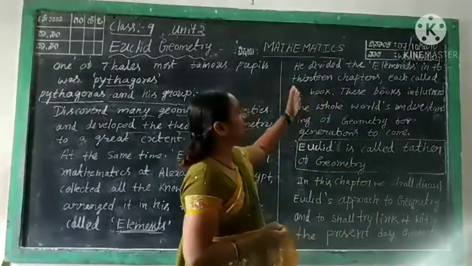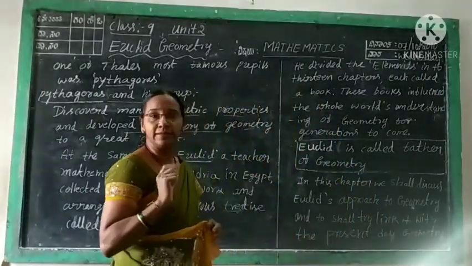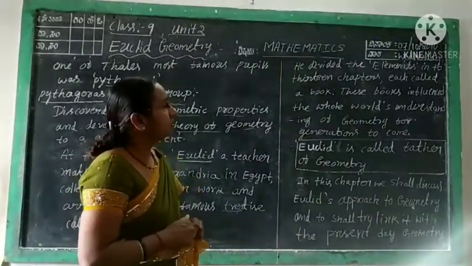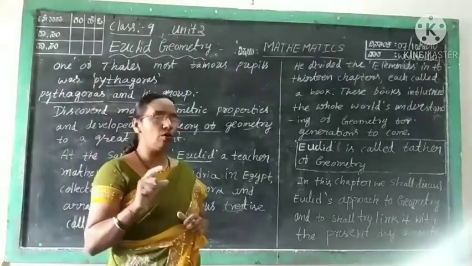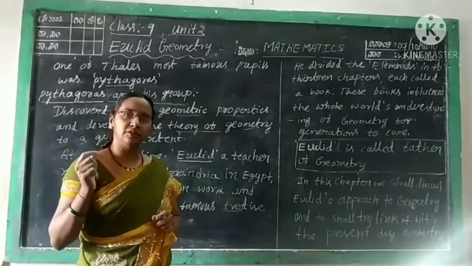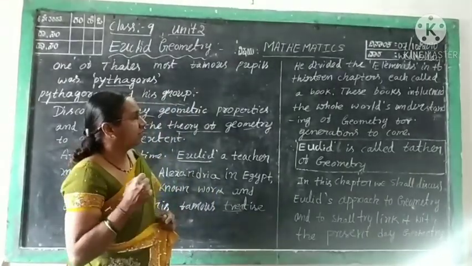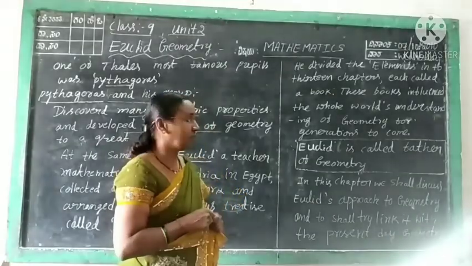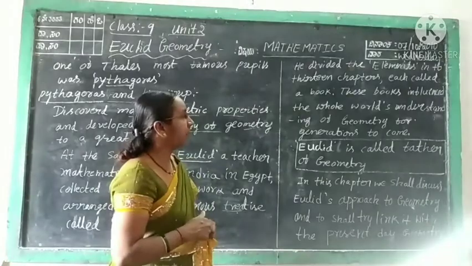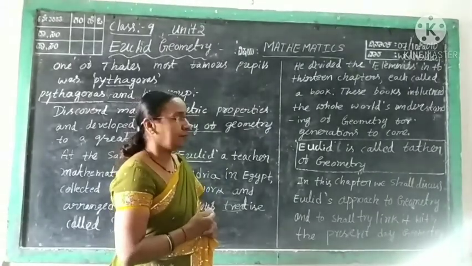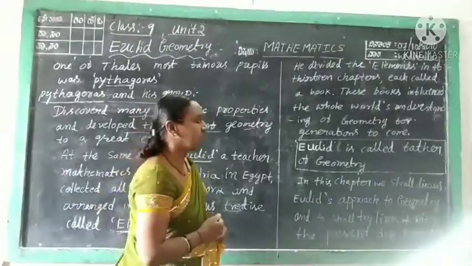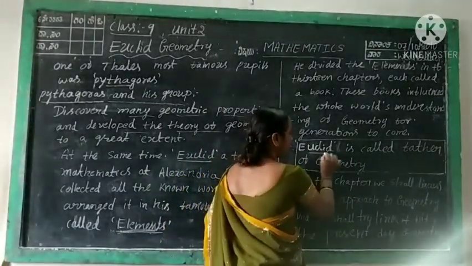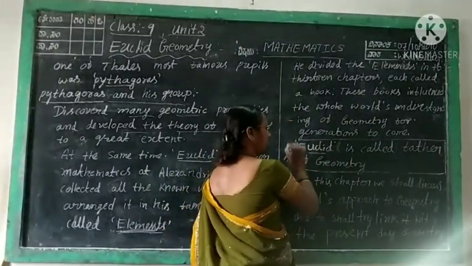He divided the Elements into 13 chapters, each called a book. These books influenced the whole world's understanding of geometry for generations to come. Euclid is called the father of geometry. This is an important point.